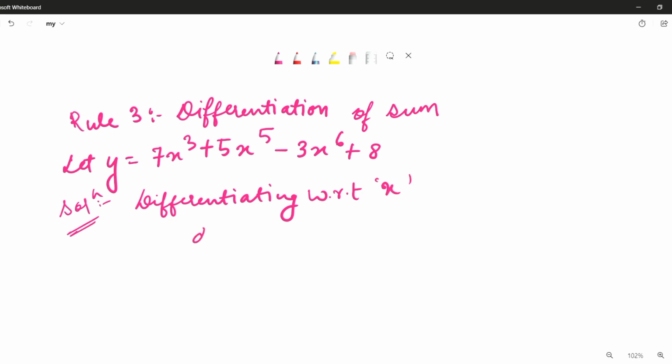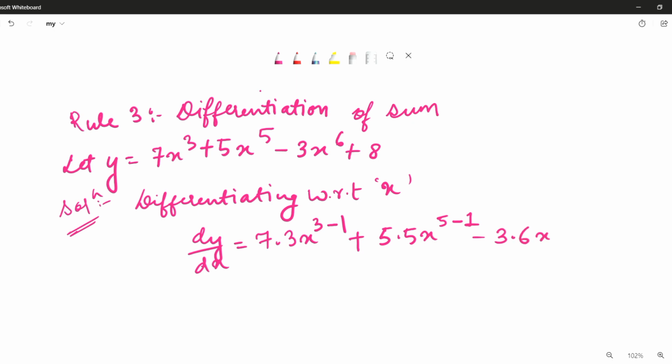Now dy by dx equals 7 into power, that is 3, x to the power 3 minus 1, plus 5 into 5, x to the power 5 minus 1, minus 3 into 6, x to the power 6 minus 1, plus 8. 8 here is constant.